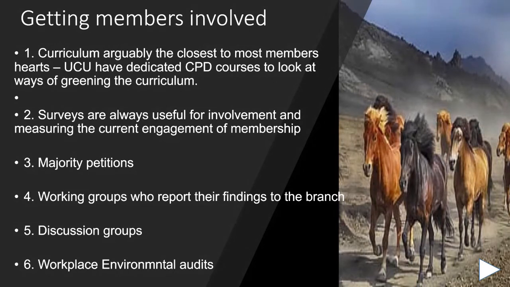The other two bullet points, I think, because I do want to come on to workplace audits and make responsibilities for who does workplace audits very clear. But the other two bullet points here are working groups who report their findings to the branch, and discussion groups, and possibly action groups would fall into the discussion group.